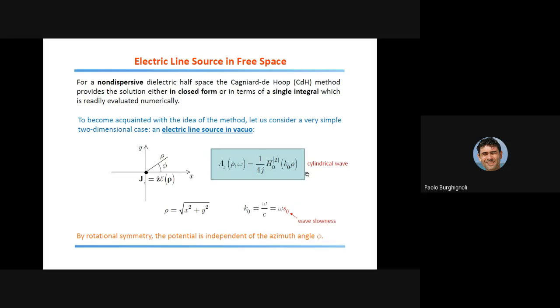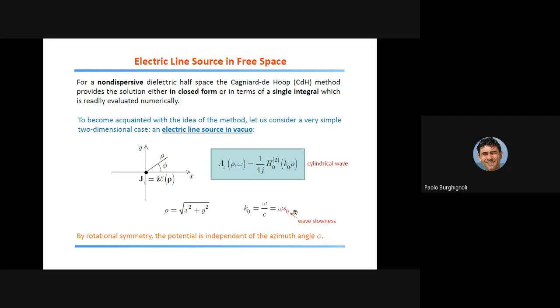Of course, the symmetry of the problem is such that this cylindrical wave does not depend on the azimuthal angle phi. And k0 is the free space wave number, that is the ratio between the radian frequency omega and the free space velocity c. We introduce also the reciprocal of the free space velocity, the wave slowness, which we call S0, so that k0 is the product of the radian frequency omega and the wave slowness S0, okay? This is a typical parameter used in Cagniard-de Hoop theory.